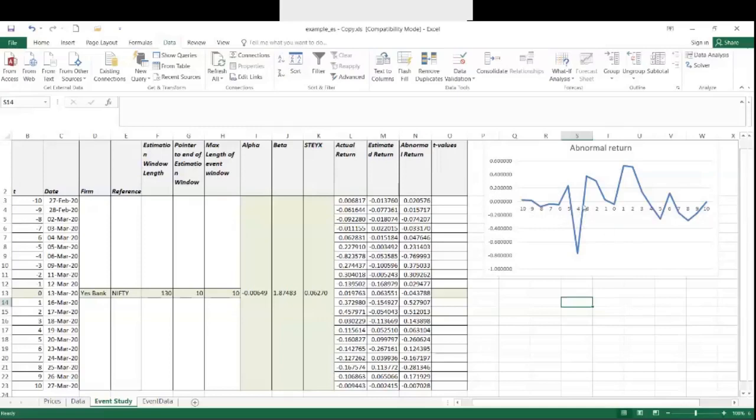Okay, but what I want to show is the kind of reaction of the stock price with respect to the event. Now the event is here at 0, right? So following the event there was a positive reaction, but this is a temporary positive reaction, and it starts dying down, right?